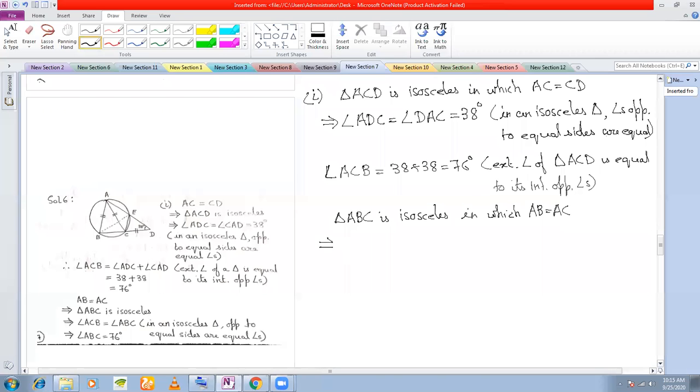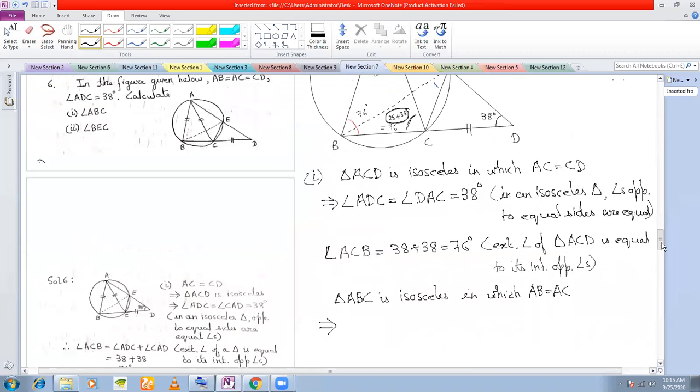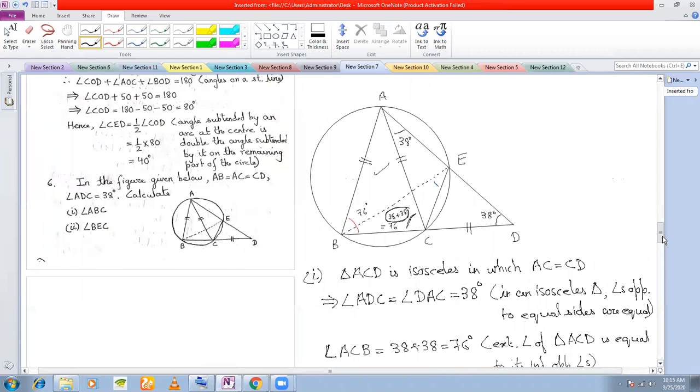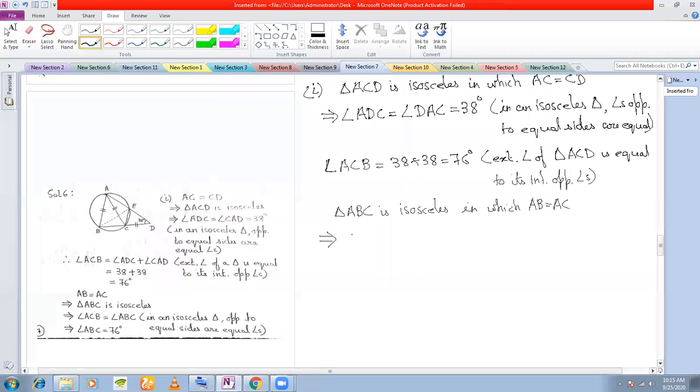That means which two angles are equal? The angle opposite to AB is ACB, and the angle opposite to AC is ABC. So ACB is equal to angle ABC. And ACB we have already found above to be 76 degrees.